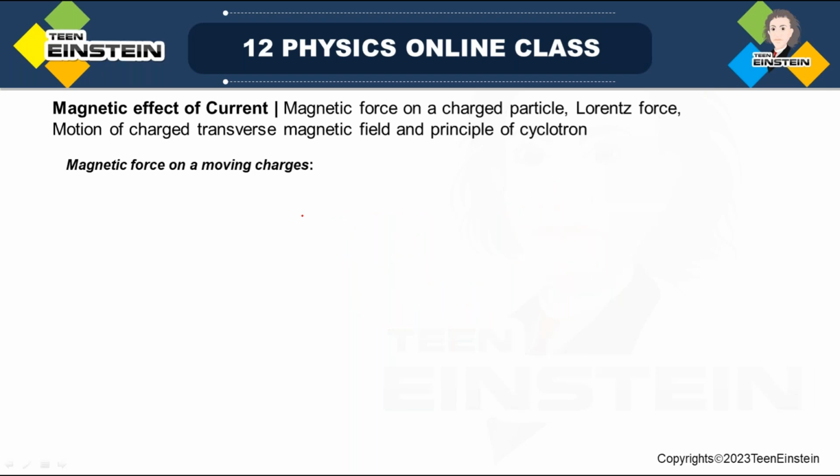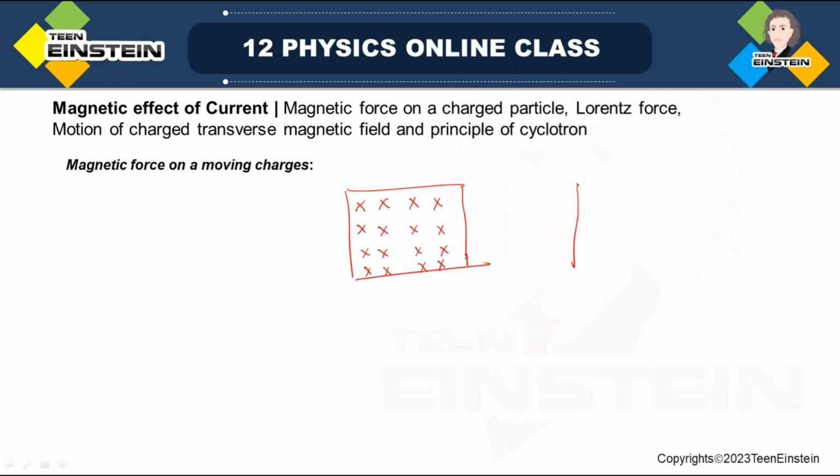Now here, suppose I have a uniform magnetic field. See, this cross sign denotes that there is a region where a uniform magnetic field is there, but the magnetic field is into the plane of the paper. So here in this screen, it is as if the magnetic field lines are just going into the screen.